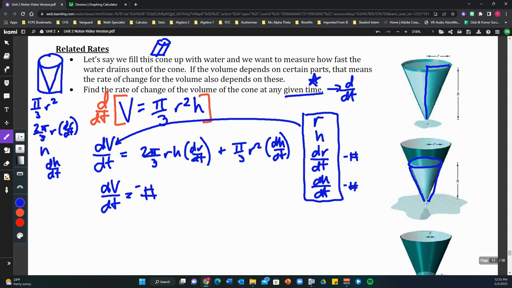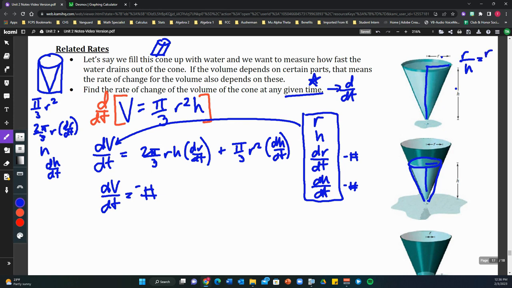But what doesn't change is, as the cone shrinks in size, there is a special relationship that is always true in how the size of the radius compares to the size of the height. And that's because of the idea of similar triangles. If you remember, similar triangles are proportional to one another. For example, if I were to take the radius divided by the height at the start, and compare that to the radius and the height at each one of these subsequent stages, they are actually proportional to each other.